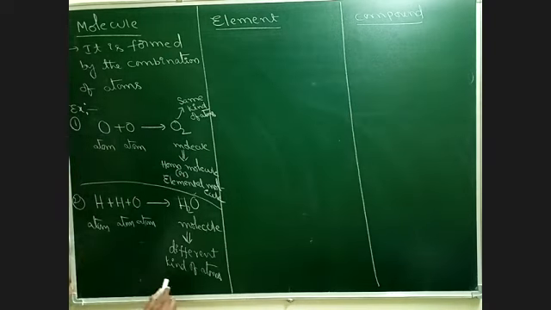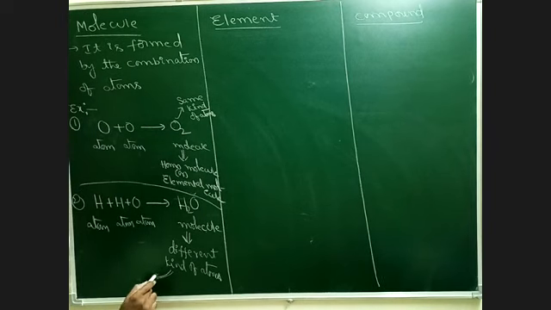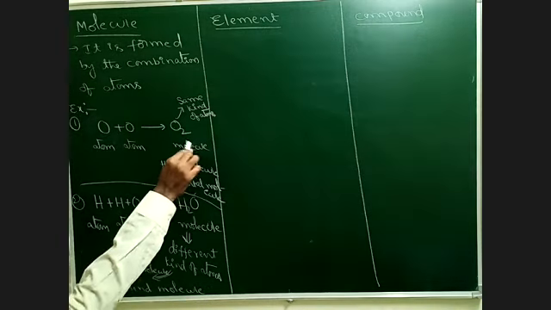Now here, different kinds of atoms. If a molecule contains different kinds of atoms, it is called a hetero molecule. This is also known as a compound type, compound molecule. Elemental molecule contains the same kind of atoms.